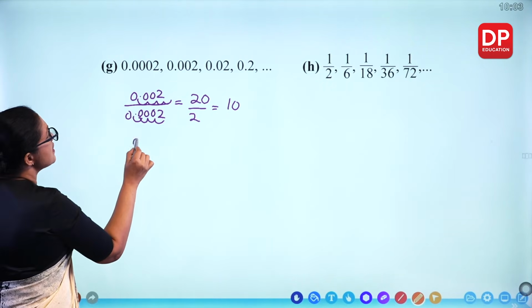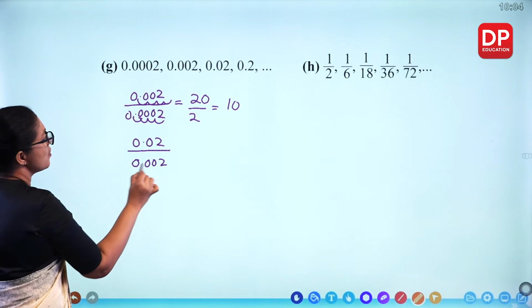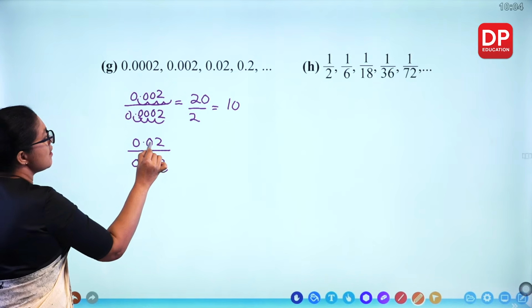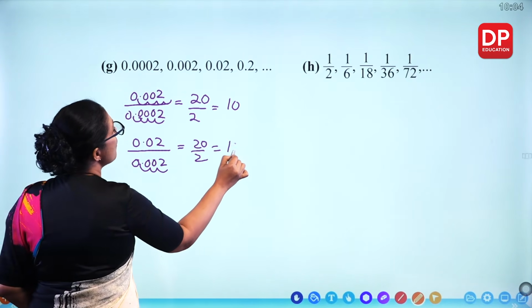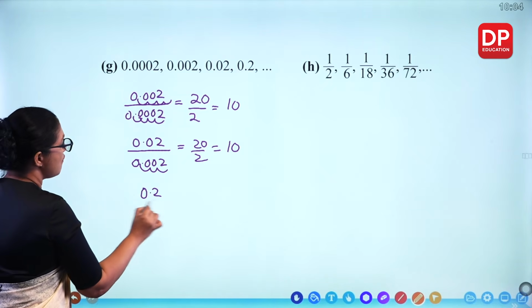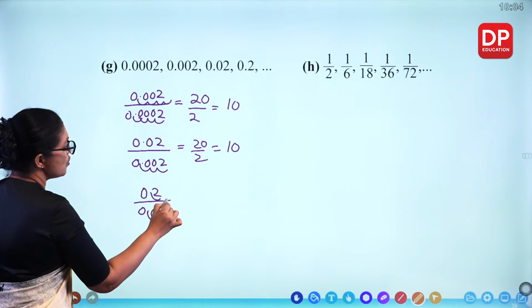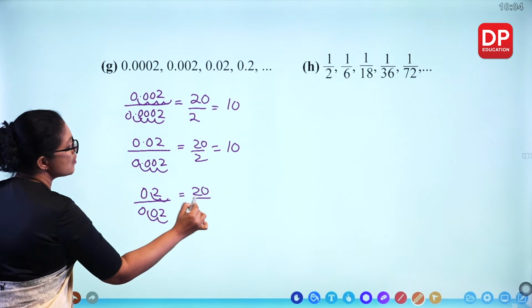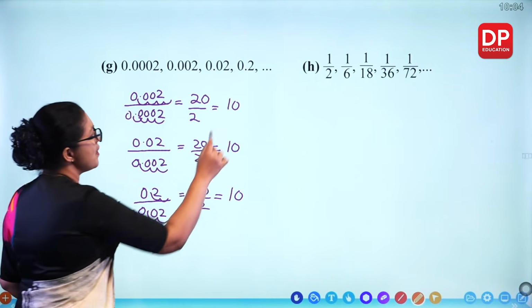When you take the other term, 0.02 divided by 0.002, 1, 2, 3, again 20 divided by 2, that's 10. Third one, 0.2 divided by 0.02, 1, 2, means again 20 divided by 2, you get 10. So, same ratio.